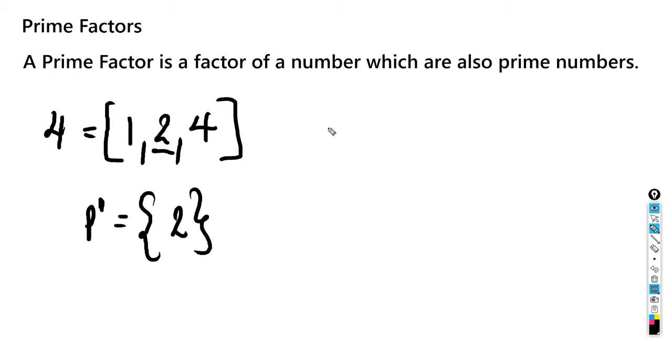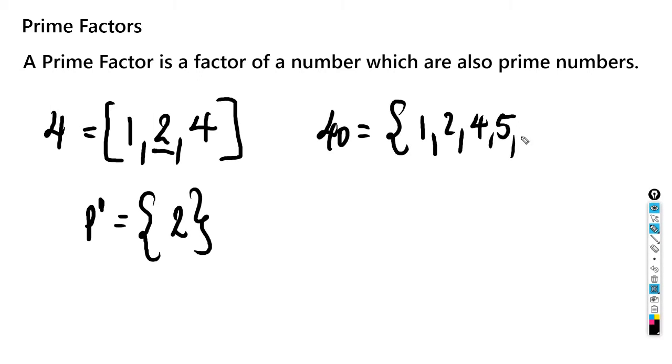Let's look at another number. Let's look at 40 again. The factors of 40 are 1, 2, 4, 5, 8, 10, 20, and 40. I know that because we just did that example. So these 8 factors are the factors of 40. Let's look at the numbers that are actually prime.